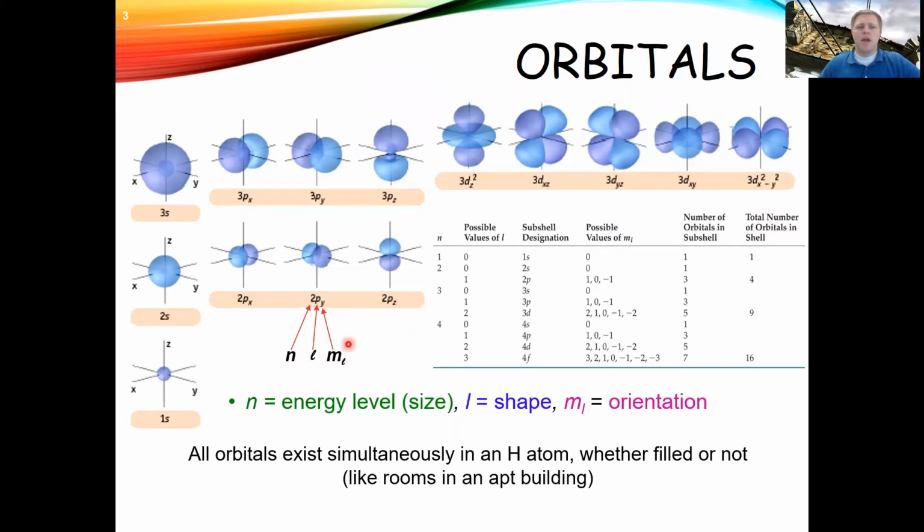And we talked about how those describe the specific orbitals we see, right? This number here on the front, that's the N. The first letter is the L, and the tiny subscript letters are the M sub L. And we talked about how these different values can describe different orbitals.